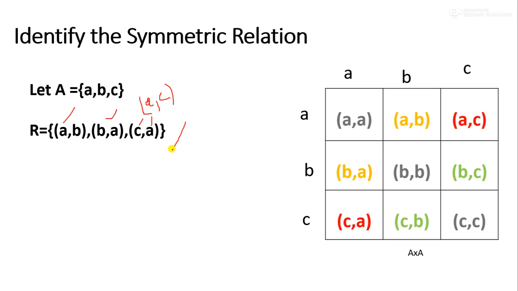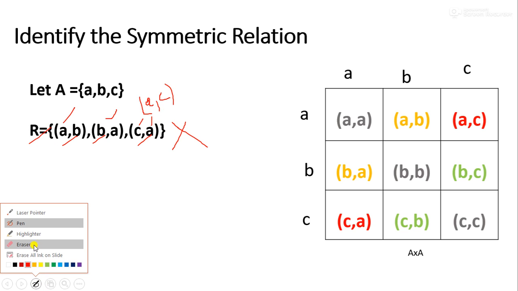Therefore, this relation is not a symmetric relation. Why? Because we have CA but we don't have AC. In this relation we have two symmetric elements, but for the third element we don't have the symmetric pair. Therefore, this relation is not symmetric.